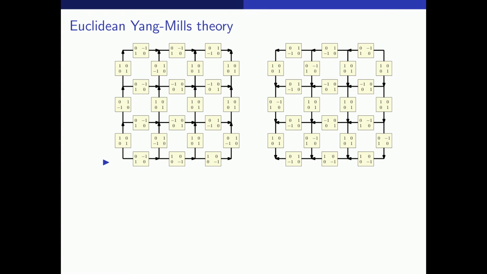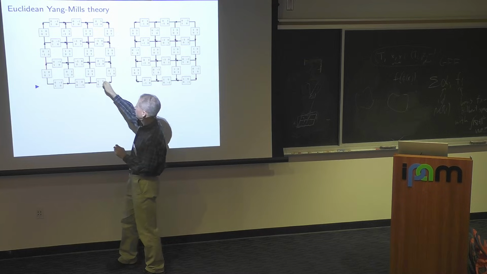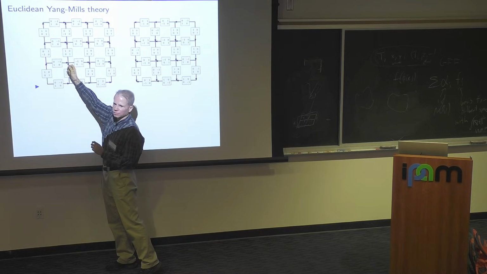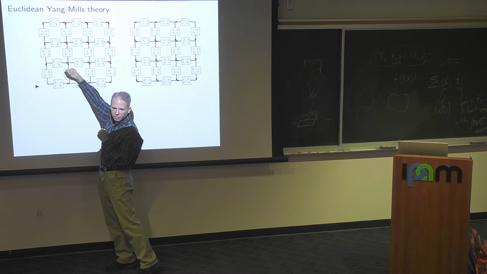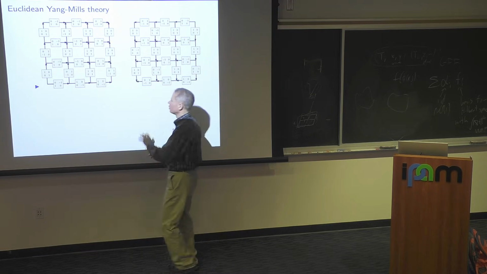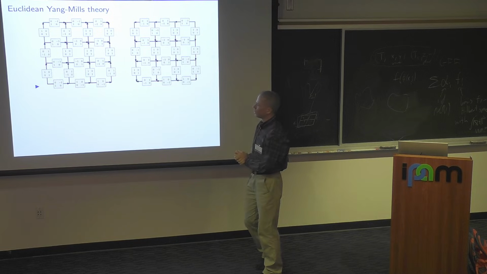You put one of these on every edge, and you insist that if you reverse the direction of the edge, you replace the matrix with its inverse. So this is the equivalent of giving a matrix-valued flow to your graph. You can imagine choosing this randomly by independently assigning a matrix to every edge: you pick a direction, assign a matrix to that edge, and assign its inverse to the opposite direction, independently for every edge.